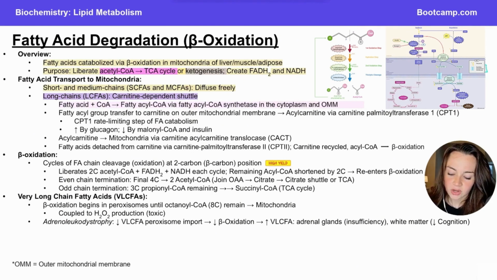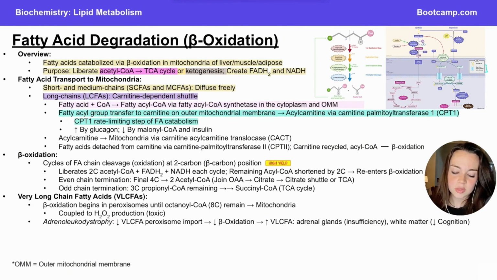So the enzyme carnitine palmitoyl transferase 1, or CPT1, transferred that fatty acid group from the acyl CoA to form acylcarnitine. And that CPT1 enzyme is the rate-limiting step of fatty acid catabolism. And you know, whenever we see a rate-limiting step in biochemistry, it's time to think about how those steps are going to be regulated.